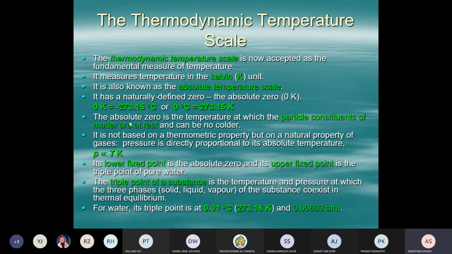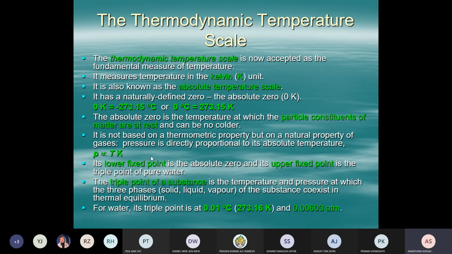They'll ask, what is meant by absolute zero? So absolute zero is 0 Kelvin, where the particles attain zero kinetic energy. So absolute zero is one of the fixed points in the thermodynamic scale. 0 Kelvin we know is equal to negative 273.15 degrees Celsius.